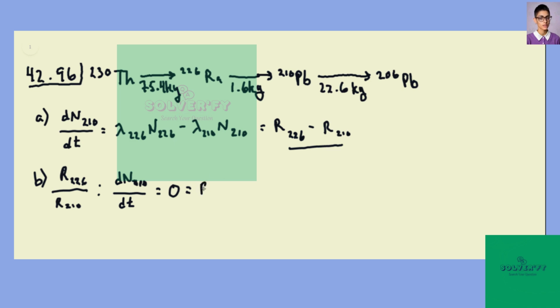This being equal to the difference in the activities implies that their ratio R226 over R210 is equal to 1. Now we want to know what the ratio of their numbers is.